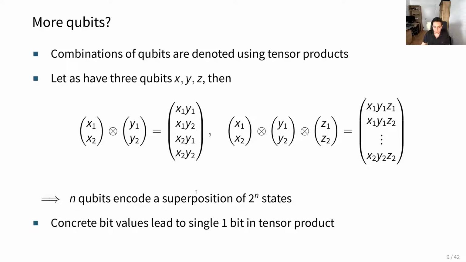And this is not true, of course, if you use just n bits, because if you use n bits, we have a single state, a single one of them we can encode. But here with n qubits, we can actually encode or use all of these states simultaneously. So that's the power here of these qubits.